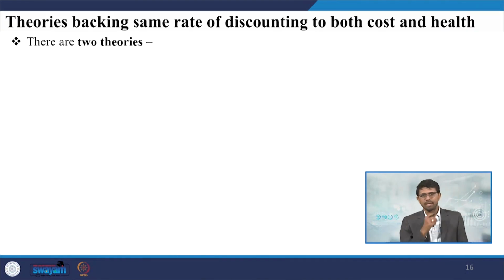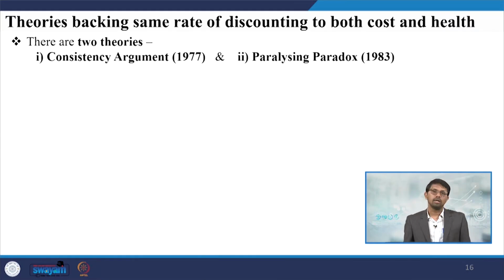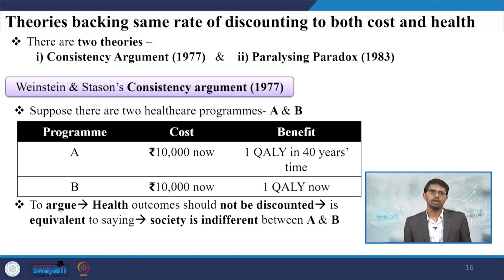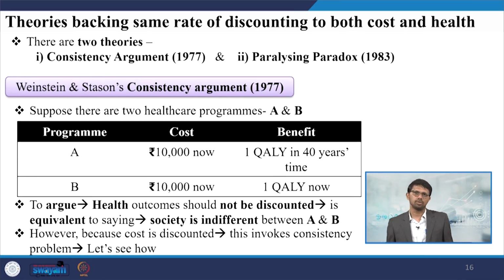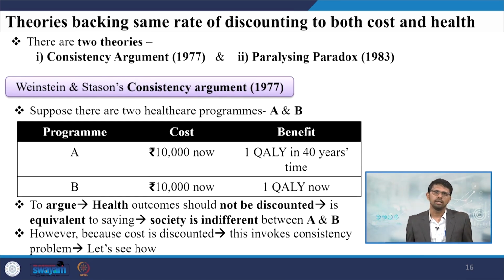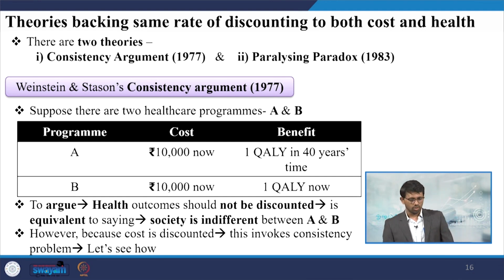Theories backing the same rate of discounting are of two types. One is called the consistency argument, another is called the paralyzing paradox argument. We are just clarifying the consistency argument as proposed by Weinstein and Stason in their 1977 work.